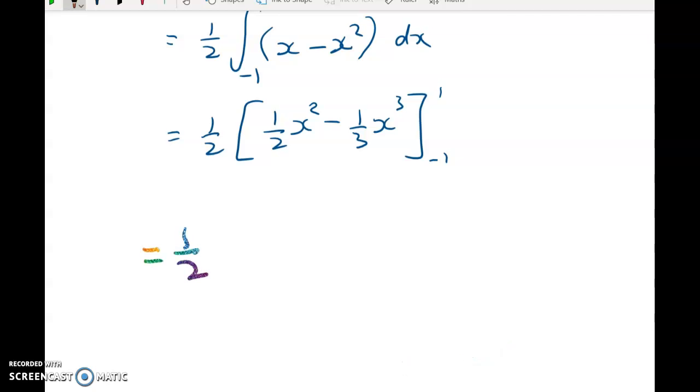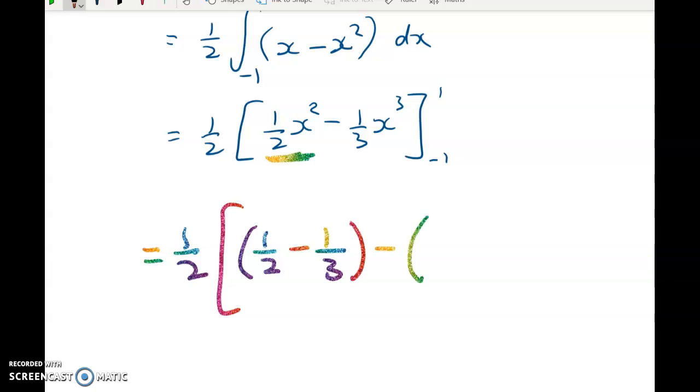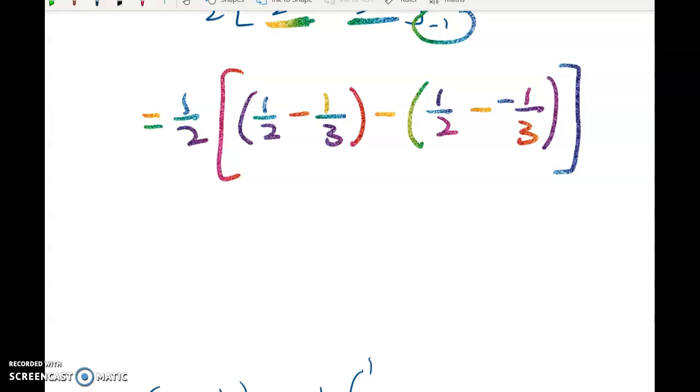So this equals 1/2 of (1/2 minus 1/3), minus, now be careful, (1/2 of -1 squared, minus 1/3 of -1). That negative was probably the most common mistake in this question.